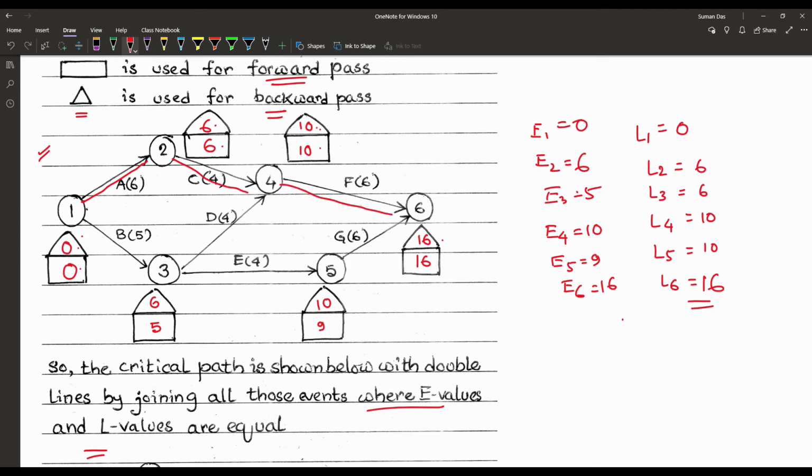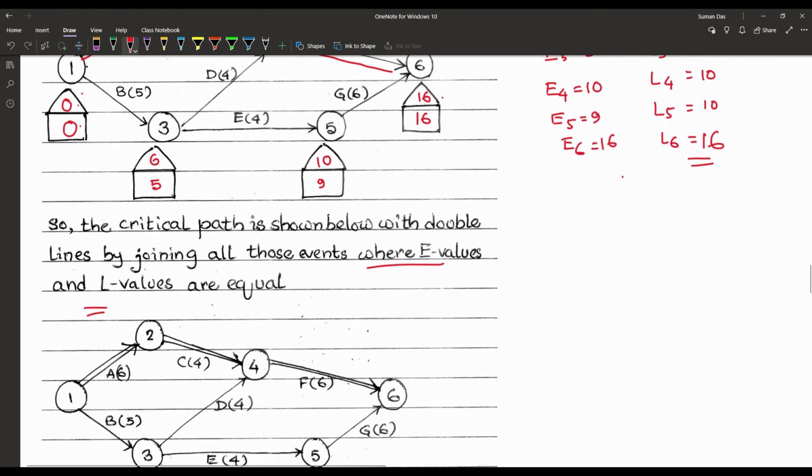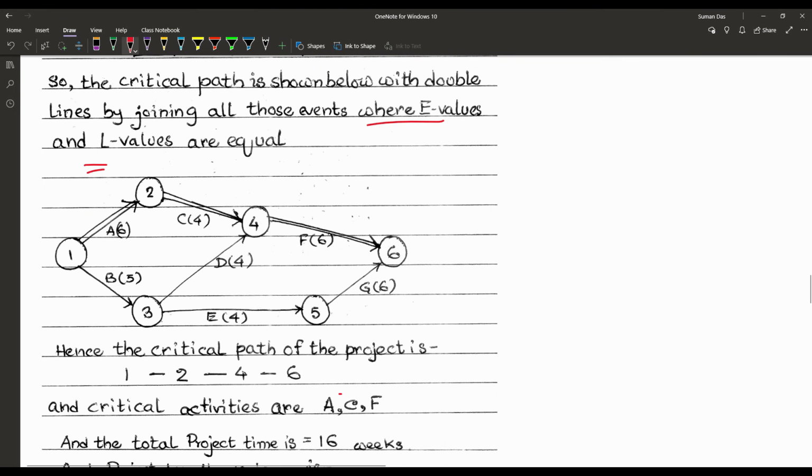That means where the L value and the forward pass values, or the E values, are the same. So according to the diagram we have shown using the double line, or now I am drawing it using the red line, that is our critical path.